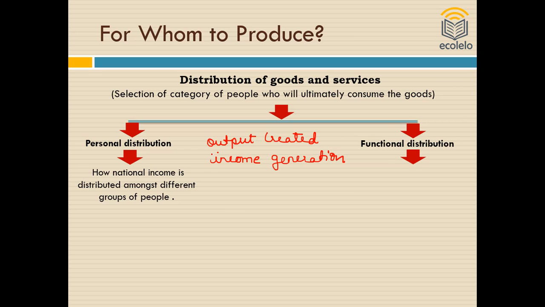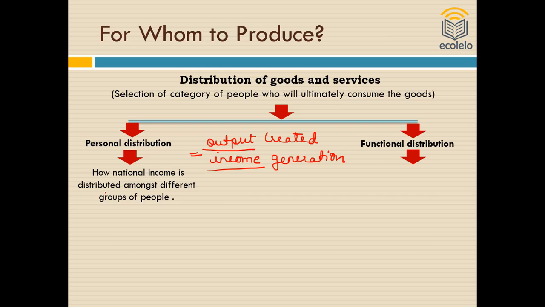So therefore, in economics, output and income are interchangeable words. Whether you talk about output or you talk about income, it's one and the same thing because one is leading to the other. Whatever the output is produced in the economy is nothing but the income of the economy. Clear? Whatever the output is created is equal to the income generation. Clear? Now that's why we are talking about personal distribution here.